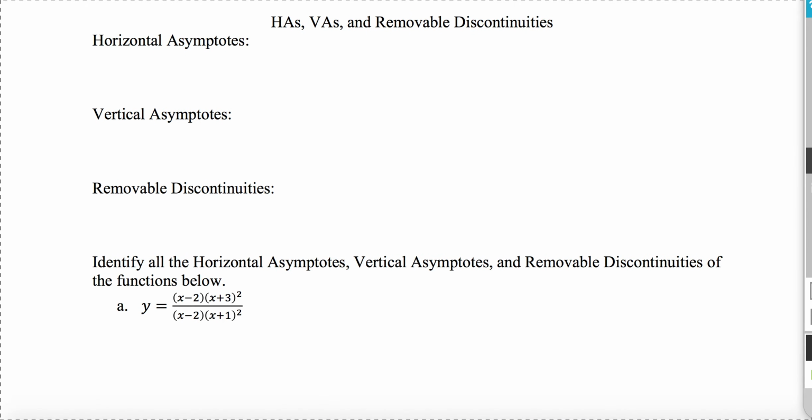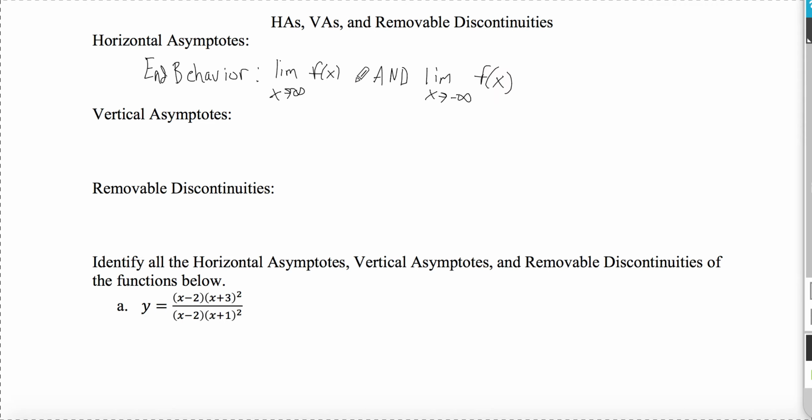Okay. A couple reminders about some key vocabulary words here. Let's talk about horizontal asymptotes for a second. When we see the phrase horizontal asymptotes, what we're really looking at is the end behavior, which we can find by asking about two limits: the limit as x approaches infinity of f of x and the limit as x approaches negative infinity of f of x, because we have to check both ends of the graph.